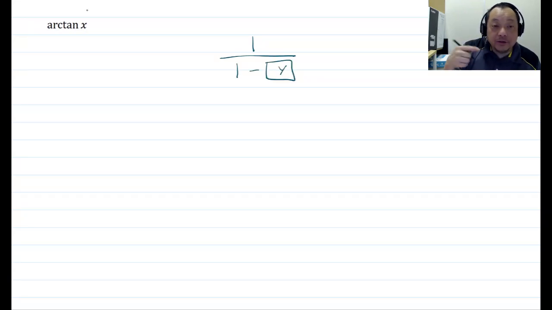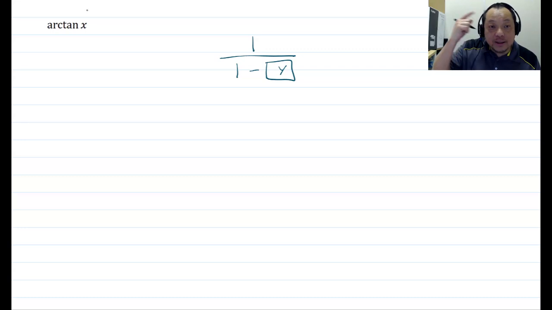I know what I'm trying to do. I'm trying to relate arctangent to a function of the form 1 minus something. And I start thinking in terms of, okay, what's the integral of arctangent? What's the derivative of arctangent? Is there anything somewhere there in the integral or in the derivative that looks like this form?